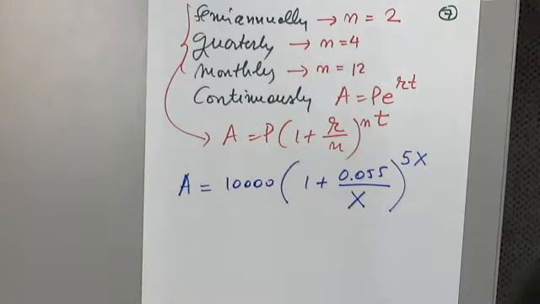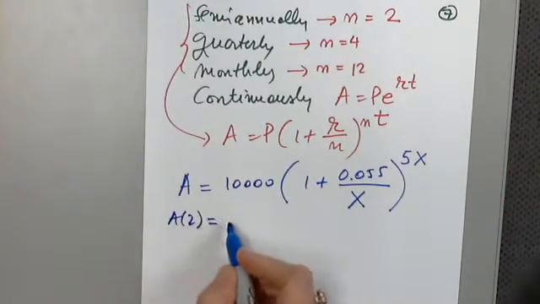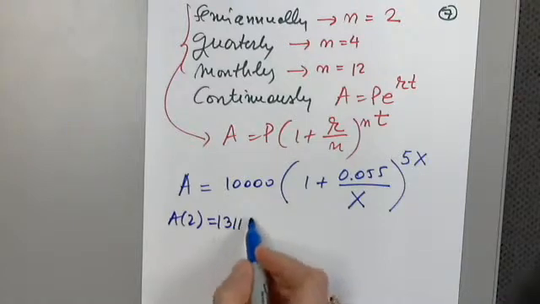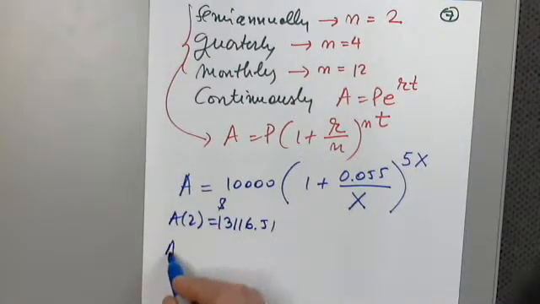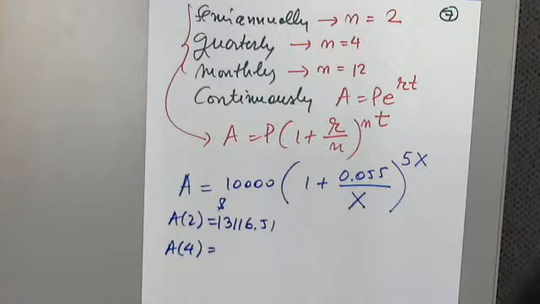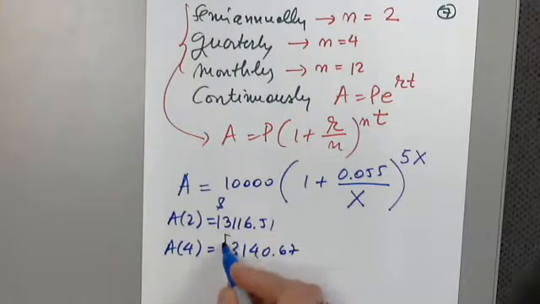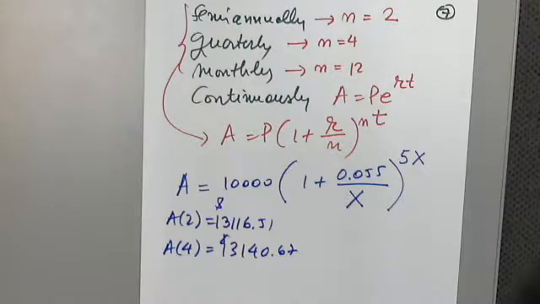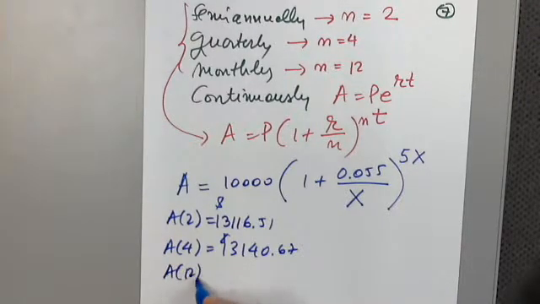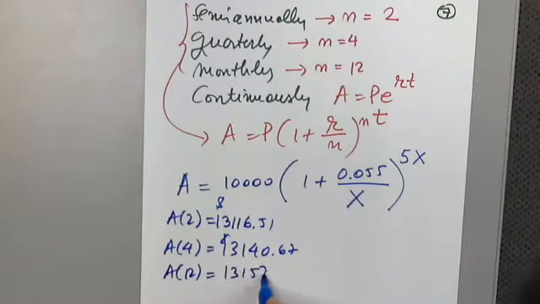Yes? Okay, so now I'm going to put in A of 2, which is 13116.51. Then A of 4, I scroll down, 13140.67, and the last one, A of 12, is 13157.04.